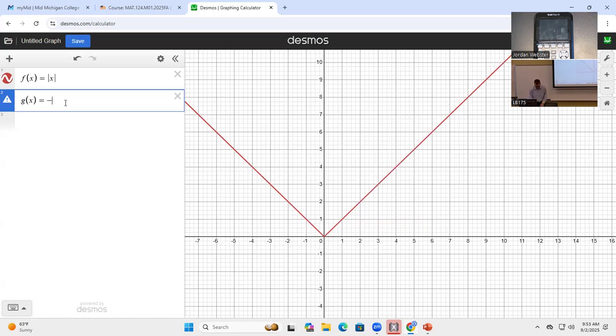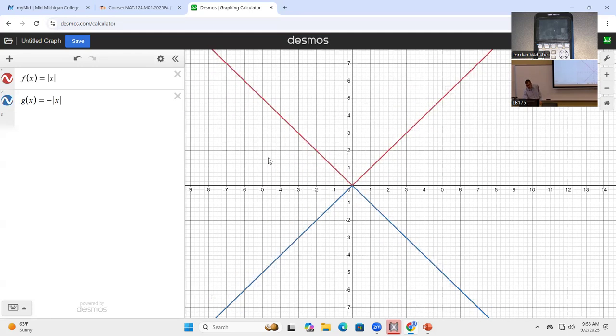If I put negative absolute value of x, and we're just typing in the vertical bars there, you can see that what you get is the red flipped across the x-axis, just like we said it was going to be. Yeah. How do you put in absolute value on the calculator?